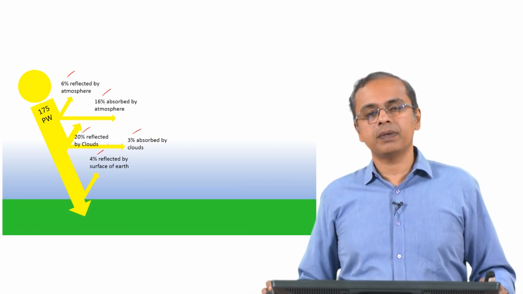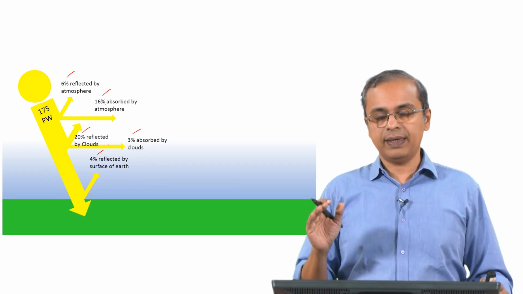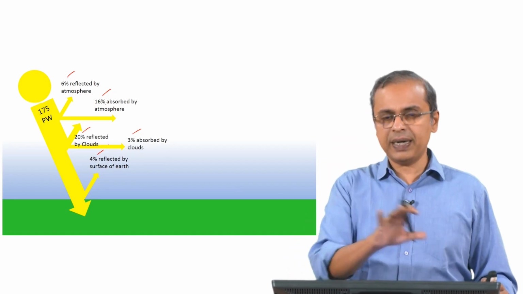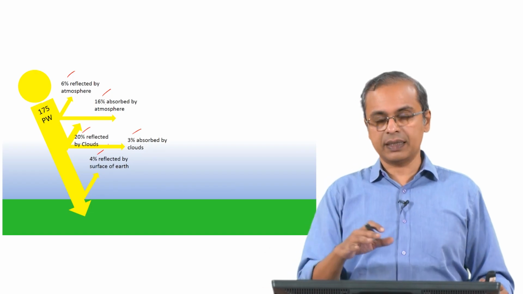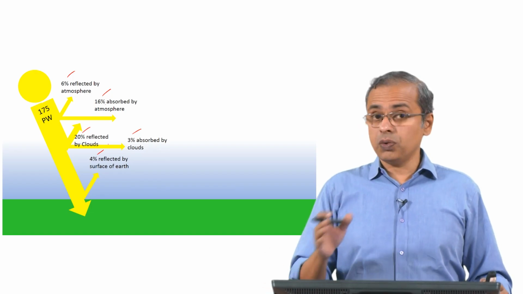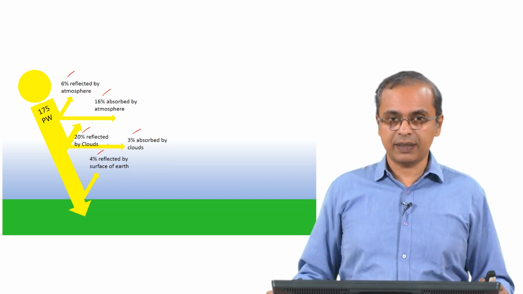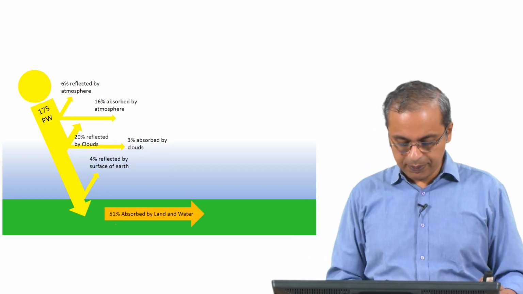So 49% of the radiation has been accounted for as radiation that has participated in different phenomena relative to our atmosphere and earth. If that is 49%, that leaves us with 51% of the radiation that came from the sun, and that 51% is absorbed by land and water.